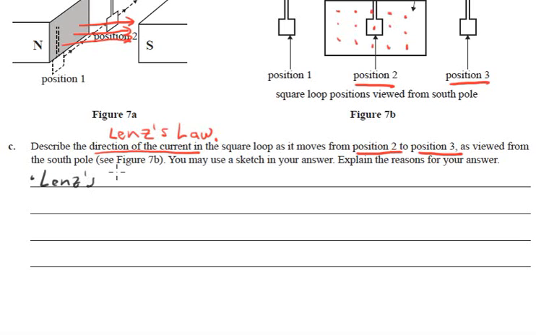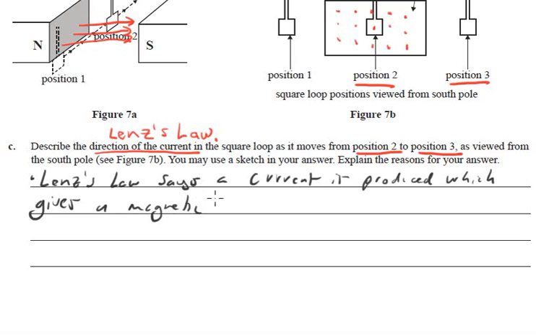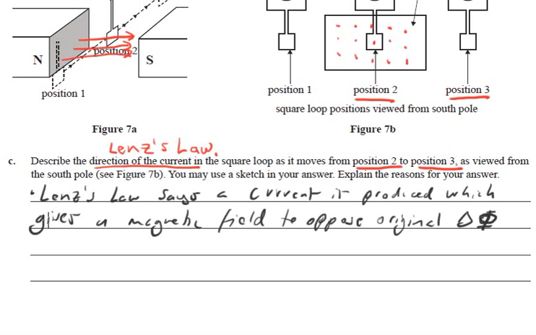Lenz's law says a current is produced which gives a magnetic field to oppose the original change in flux. That's our first dot point. So this is Lenz's law that you're going to have on your cheat sheet.